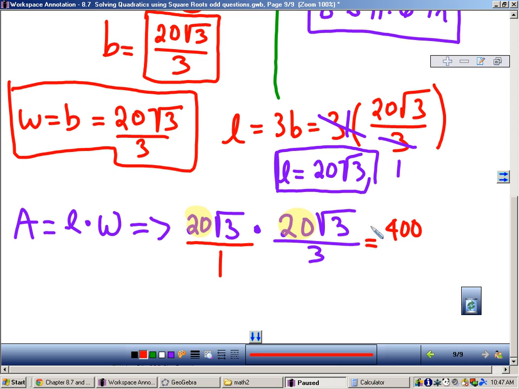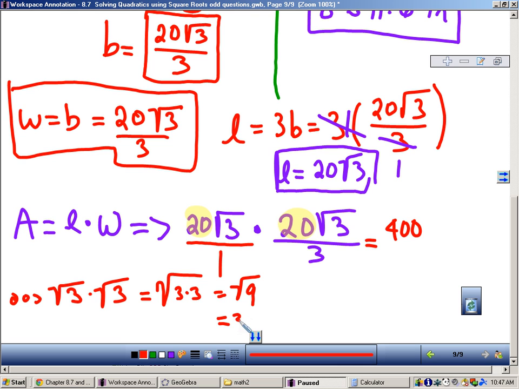Okay? I want you to focus. And, this is a side note. There's many ways to think about this. But radical 3 times radical 3, and again, I'm just showing you how I get my answer here. Based on the product property, you know that radical 3 times radical 3 can be written as radical 3 times 3, which is radical 9, and radical 9 is just 3, right?